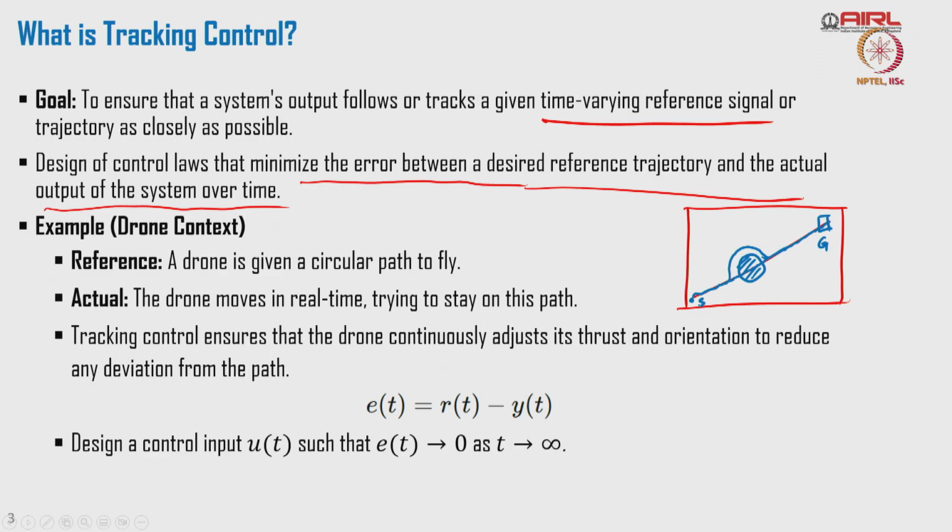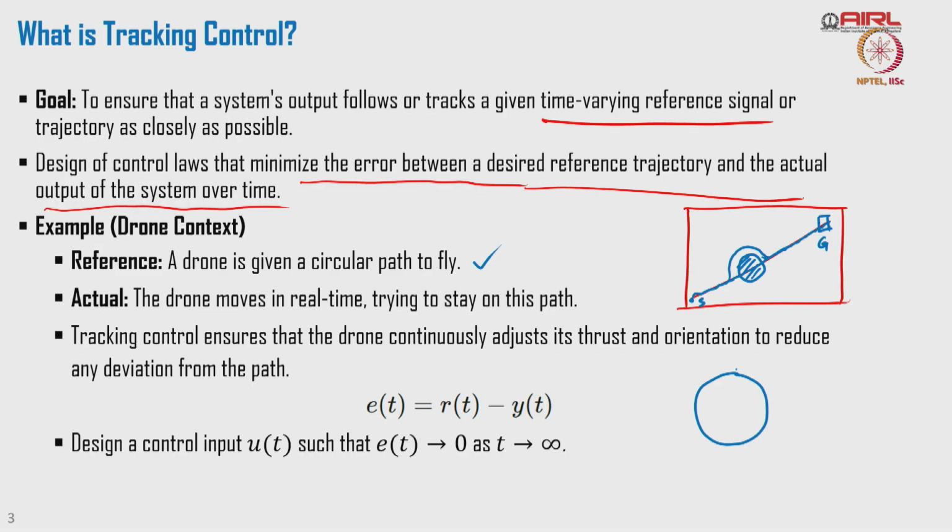The example in the drone context can be given in this way. A drone is given a circular path to fly, maybe for surveillance purposes. There is some disaster affected area or some important zone which we want to monitor autonomously, and we want to use a drone for that.